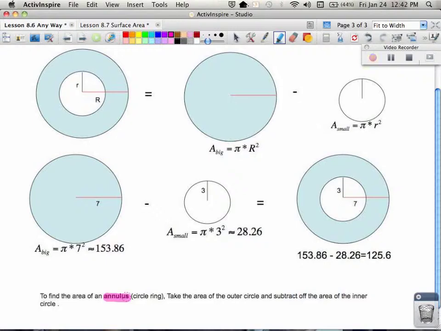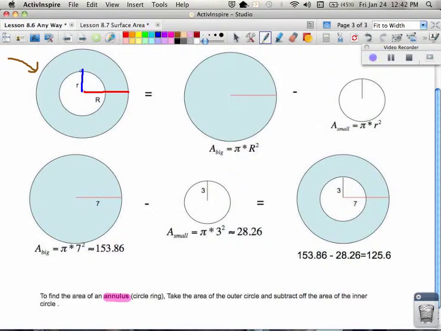So the goal is the picture on the far left, and what you see on the far left is this ring. You'll notice that there is a larger radius, capital R, and that there is a smaller radius, lowercase r. And you use each of those to find the areas of the circles, and then you subtract.